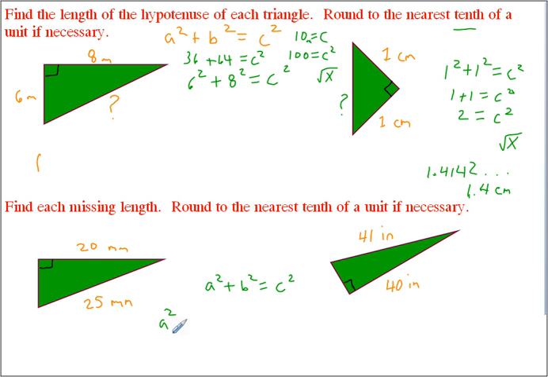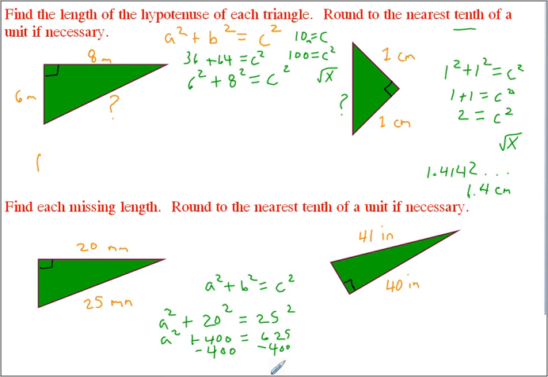So just do it this way. A squared plus 20 squared is equal to 25 squared. When I do this, it's A squared plus 400 is equal to 625. And then I subtract 400 from both sides, just like we've done probably hundreds of times so far this year.